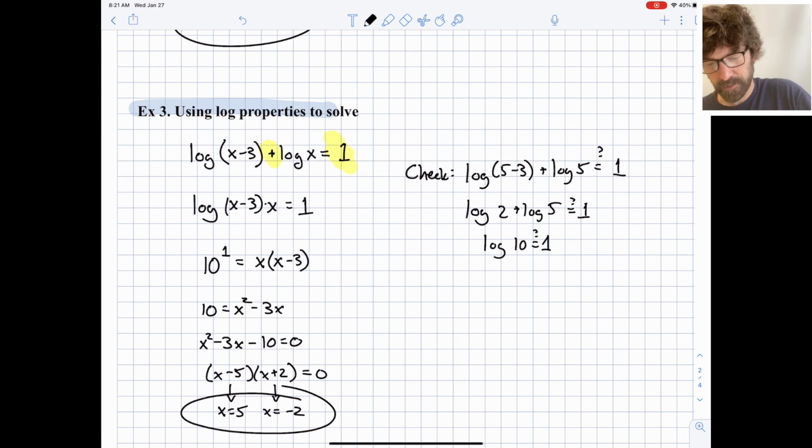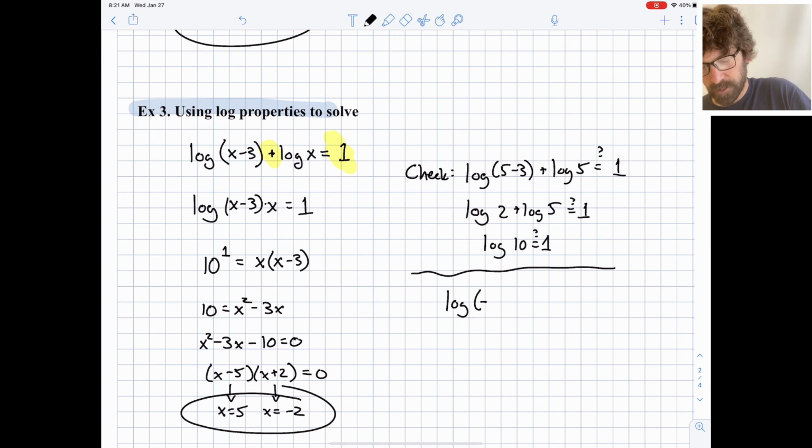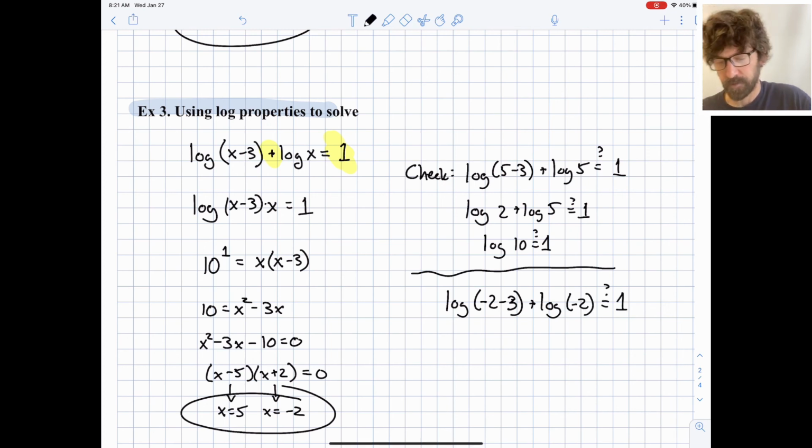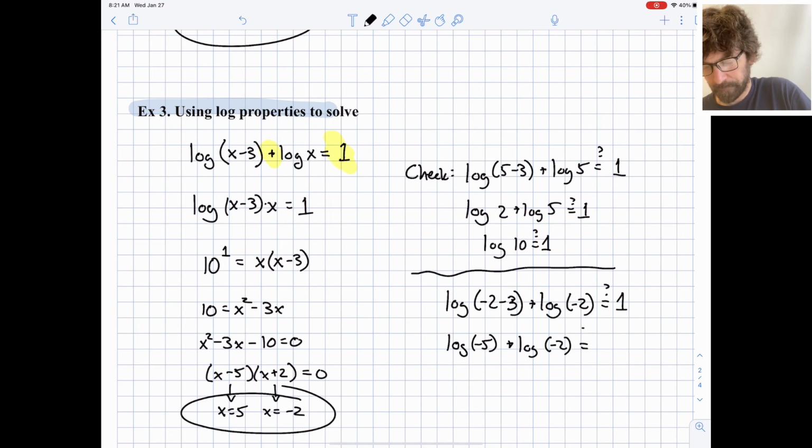Let's check the second answer of negative 2. So let's do a second check right here. Is the log of negative 2 minus 3 plus the log of negative 2 equal to 1? Well, I want you to remember that we can't take the logarithm of a negative number, okay? So this turns into the log of negative 5 plus the log of negative 2.